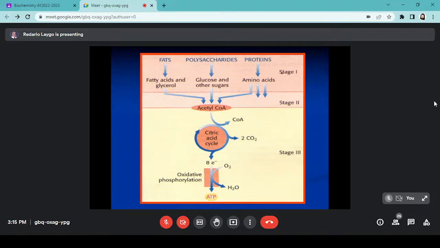Now, each of these reduced electron carriers will transfer their electrons and protons to your electron transport chain. Your NADH may transfer the electrons and protons to complex 1, creating a P/O ratio of 3 to 1. Or your FADH2 may transfer their electrons and protons to complex 2, generating a P/O ratio of 2 to 1.